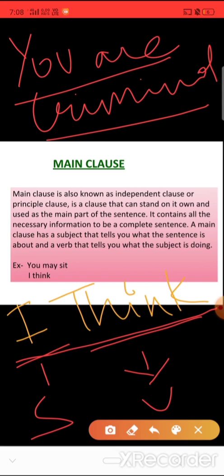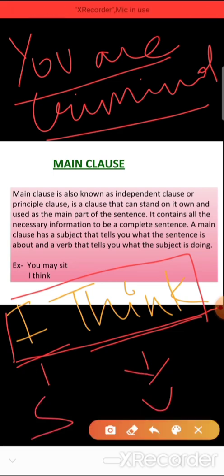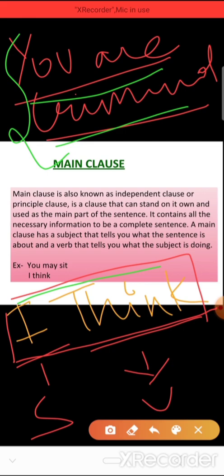We don't need anything else to complete "I think". Here the person is trying to tell us that I am thinking something. That is clear, that he is thinking, and he doesn't need to tell anything else. "You are a criminal": we are blaming someone, and it is also complete in itself.